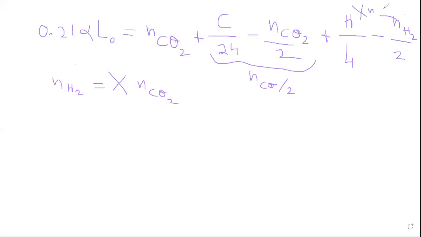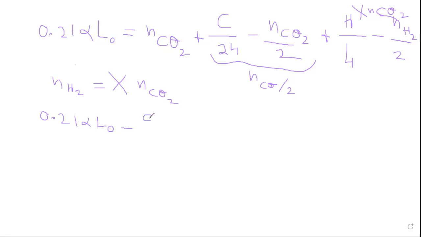And now all I have to do is to group all terms that are a factor of NCO2. So I get 0.21 alpha L0. I will take C over 24 and H over 4 to the other side because I know them. They are given.